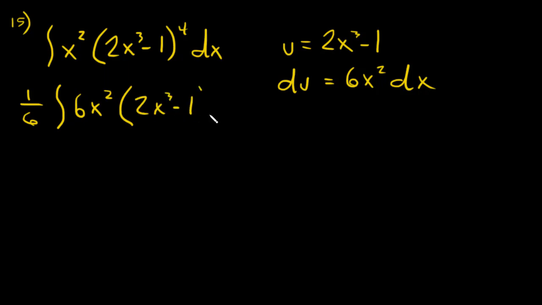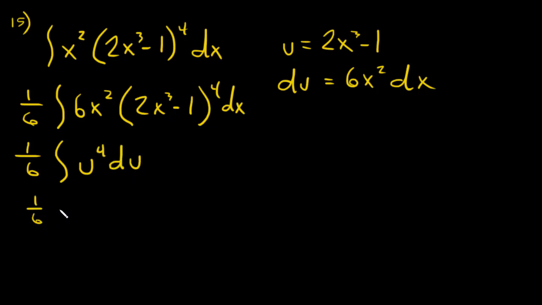It's good to see this, though, several times until adjusting becomes just nothing. It's super easy. So this becomes 1/6 times the integral of u to the 4th du, which we can knock out.